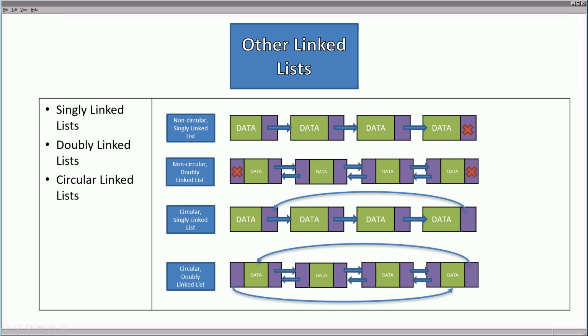Other variations of these kinds of linked lists would be called a doubly linked list. So in a doubly linked list, you would have in each one of the nodes a forward and a previous pointer. In addition to that, you could also create what's called a circular linked list, where the last element always refers to the first. And you can even have a singly and doubly version of those as well.